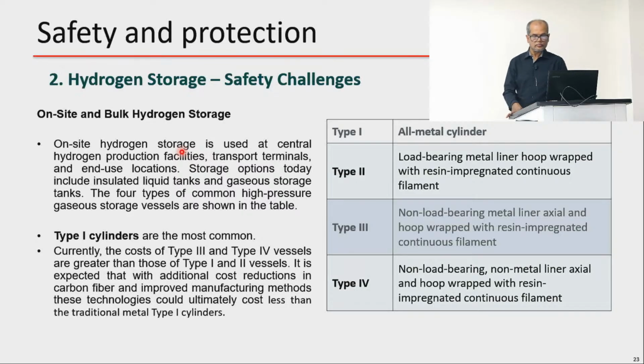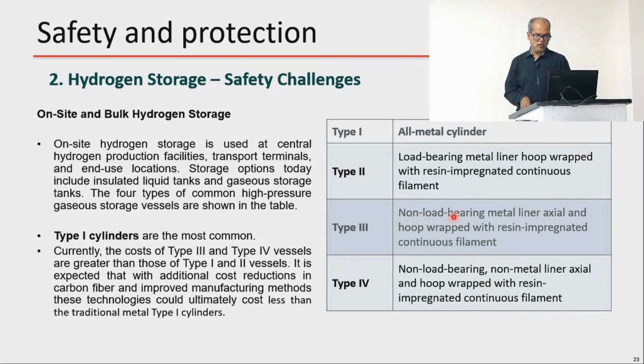hydrogen. And here again there are different types: type 1, type 2, type 3, type 4. Type 1 is the metal cylinder used for storing hydrogen. Type 2 normally uses a load bearing metal liner.